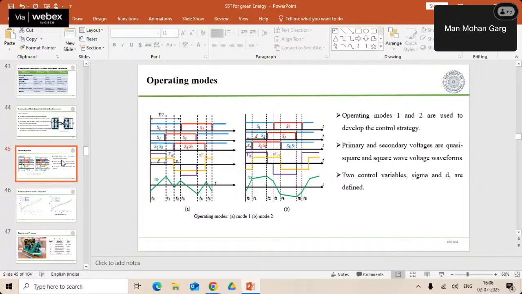Sir, I have just one query. SST is nowadays very popular in research, but the basic fundamentals remain the same. It's a conversion of AC to DC, DC to AC, and non-isolated converters. That fundamental is the same, so why is it suddenly booming? Is this question for me? Sir, yes, I'm asking this question. Please repeat it.